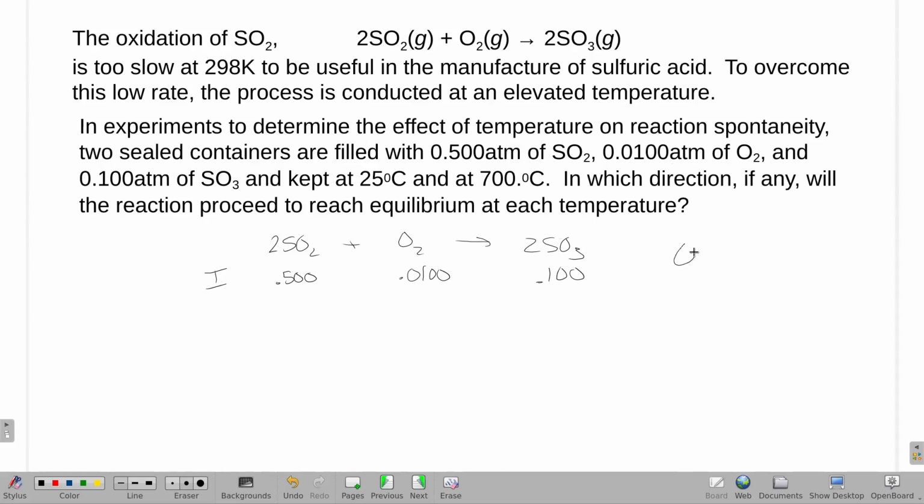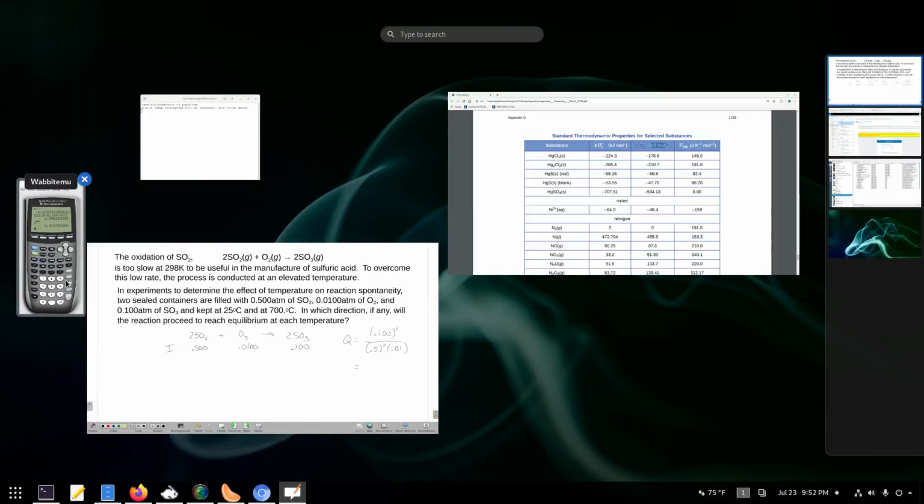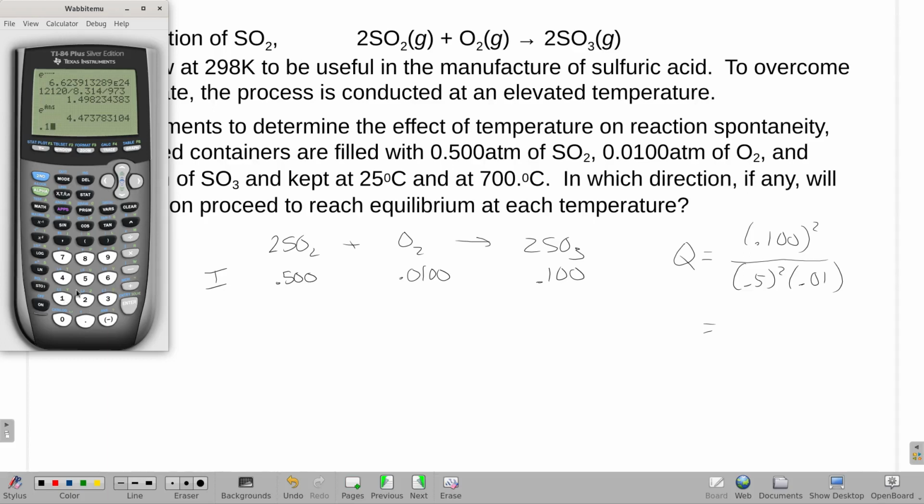I'm just going to plug those in and get a Q. And what kind of Q do I get? 0.1 squared divided by 0.5 squared, and also on the bottom is that 0.01, and we get a Q of 4.